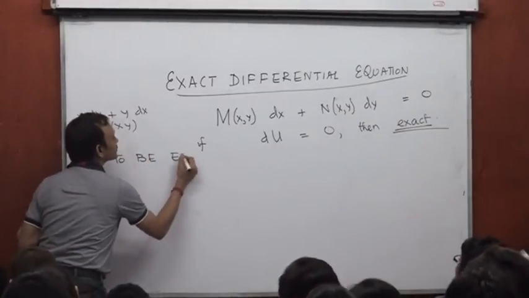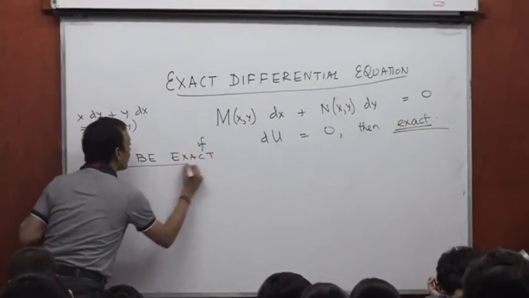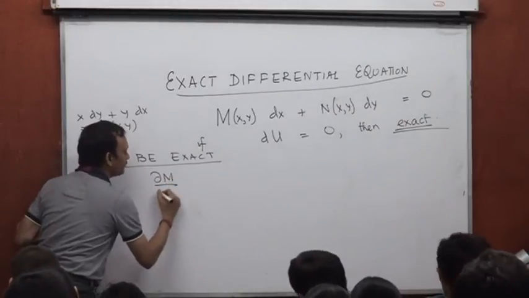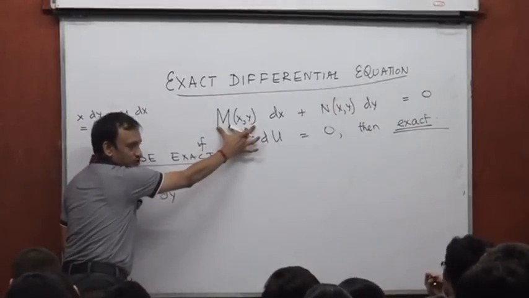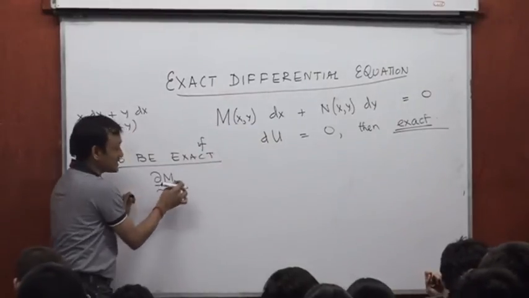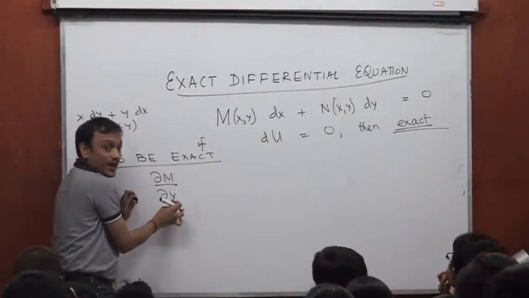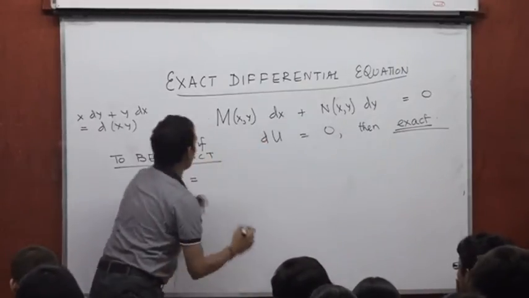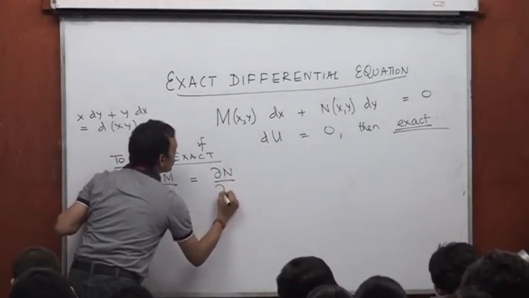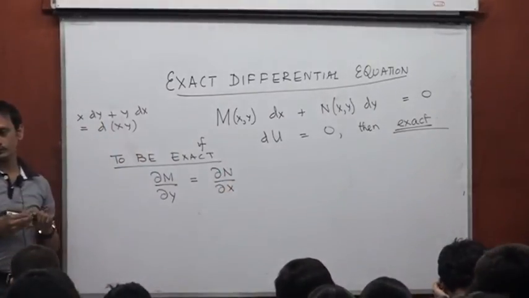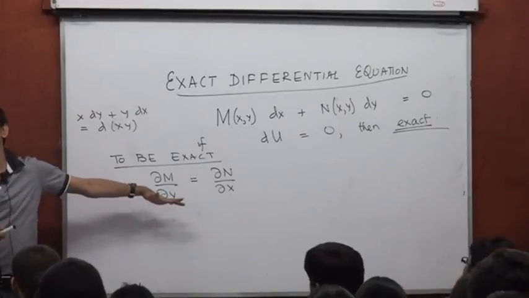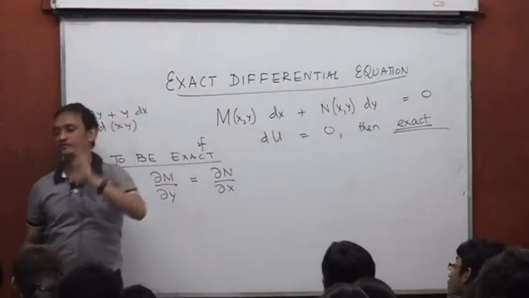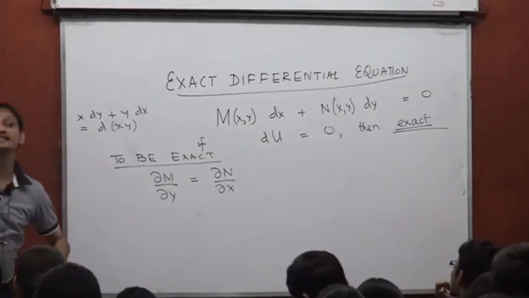To be exact, it would suffice if when you differentiate m with respect to y keeping x constant, that is dou m dou y, that turns out to be dou n dou x, that means differentiating n with respect to x keeping y constant. If this condition is met, then you know that you could convert this into an exact differential.